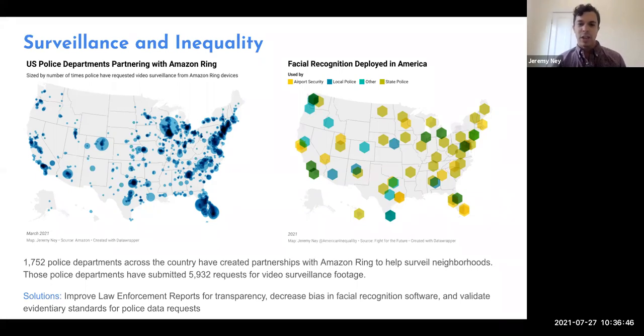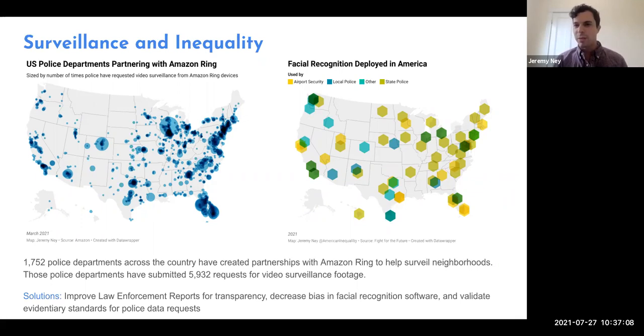The combination of increased cameras and increased use of facial recognition creates a quagmire for many communities. So solutions here are around increasing transparency, making it not so difficult for Amazon to hide some of this information, and working to decrease bias in facial recognition software, particularly as it grows.